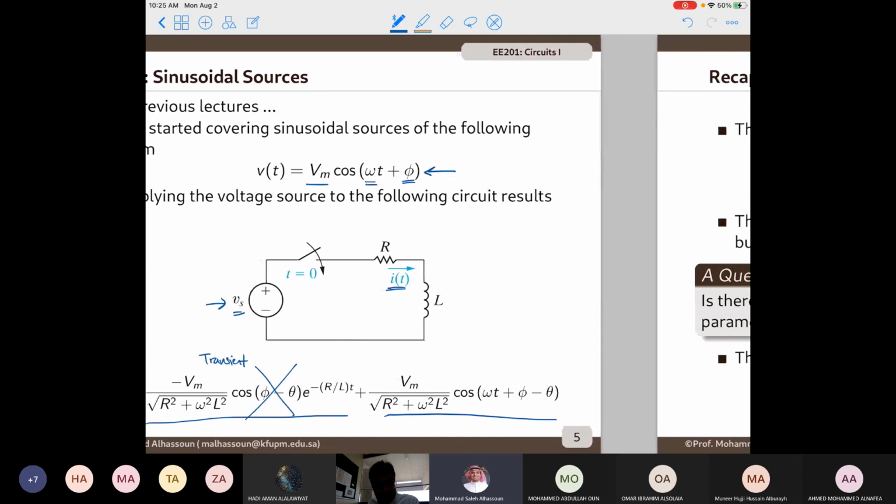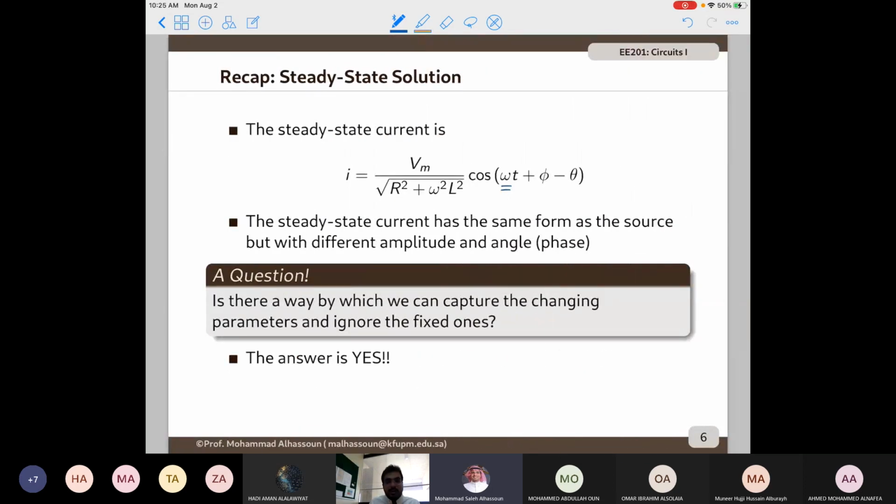It has a sinusoidal nature with same frequency, but different phase and different amplitude. So the question is, is there a way by which we can capture the changing parameters, meaning that we want to capture the amplitude and the phase, and ignore the things that are fixed, meaning that we are ignoring the frequency? And the answer is yes.